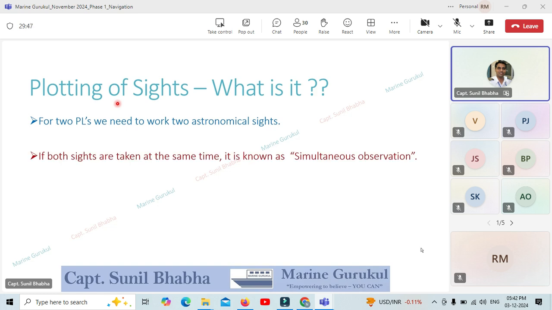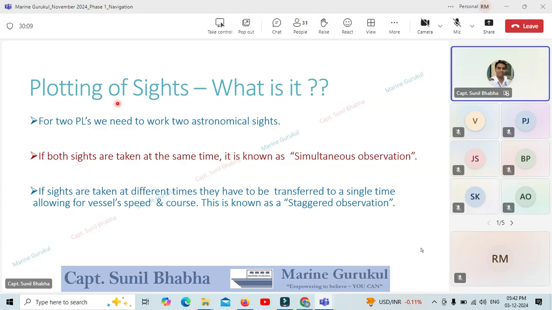Now, it is possible that two celestial bodies may be available to us at a particular time. So, in that case, the site can be taken for both these bodies at the same time. And if two sites are taken at the same time, it is known as a simultaneous observation.